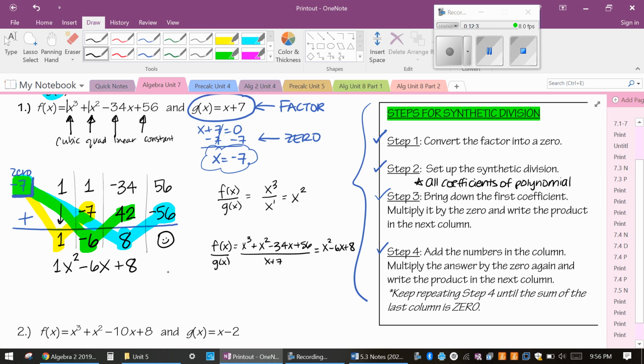I'm going to factor this, so I'm going to look for two numbers that multiply to 8 and add to -6. That's -2 and -4.